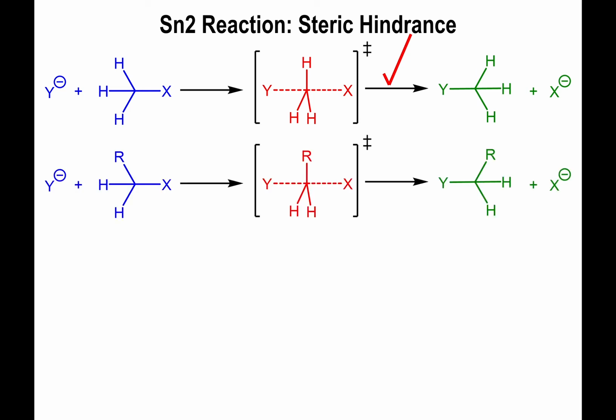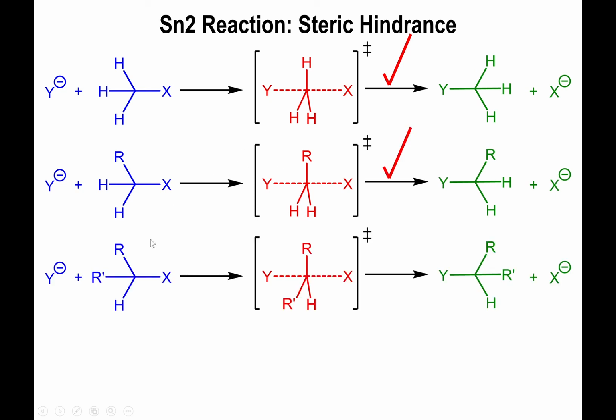But what happens when you start introducing substitutions at the electrophilic carbon? What if instead of a methyl group you have a primary electrophilic carbon? Well, you will still have to go through this transition state, but now you have that carbon sticking out there, which kind of partly begins to repulsively interact with the leaving group and the nucleophile. All right, so that's not as good as the methyl strategy, but still not too bad. You can still make this happen.